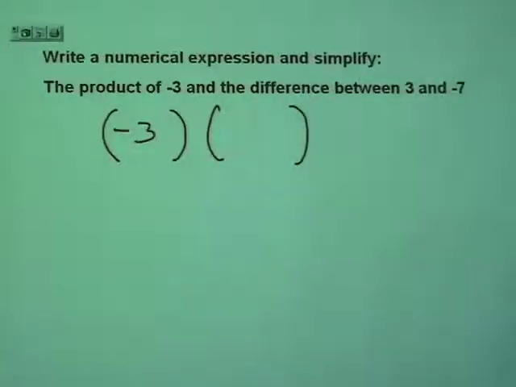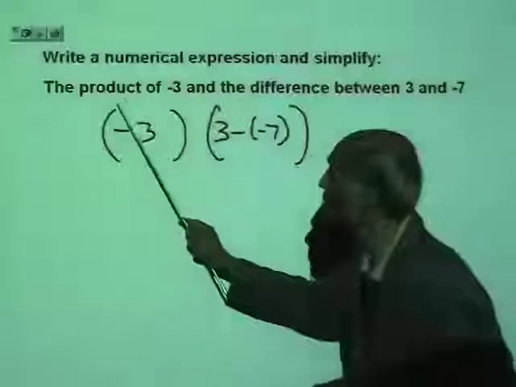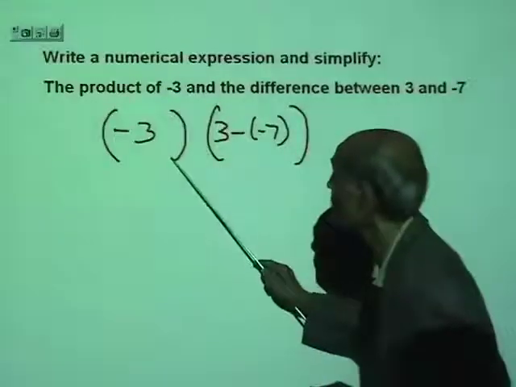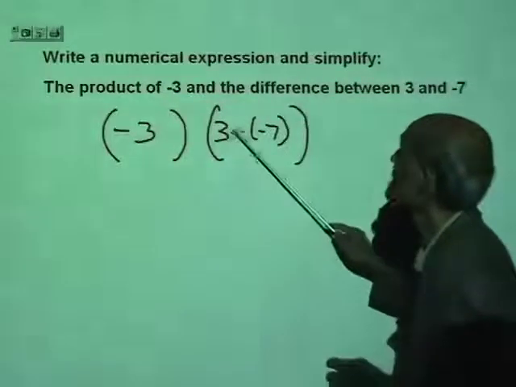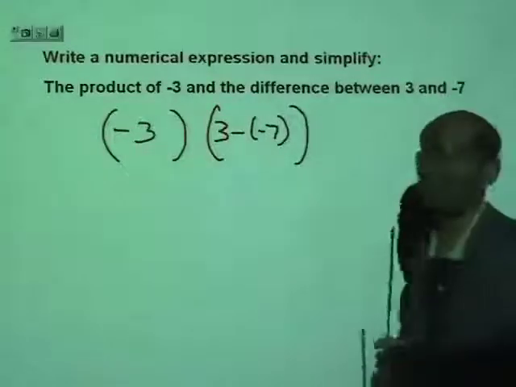So now, you need to find the product of -3 and the difference between 3 and -7.